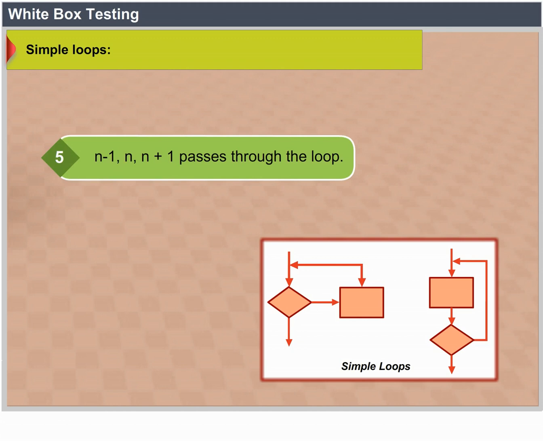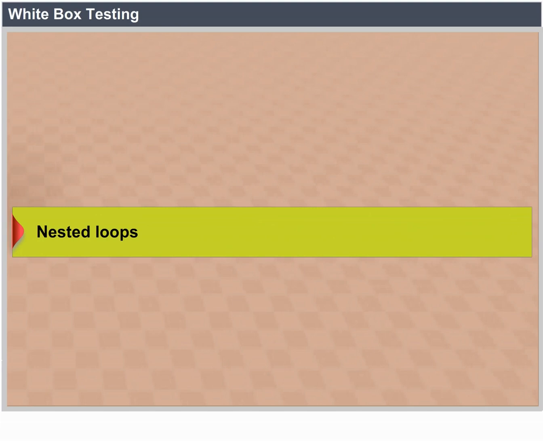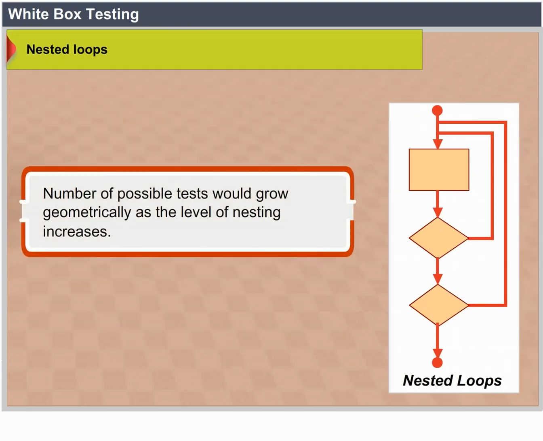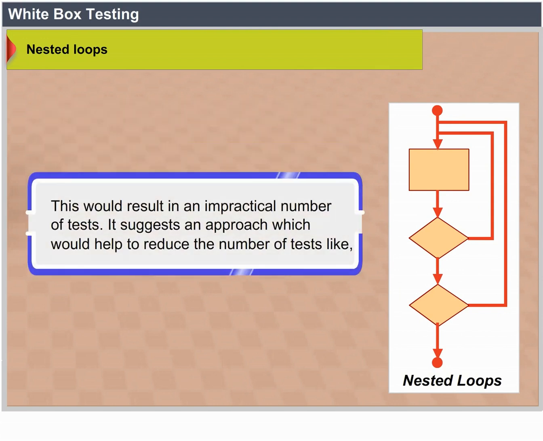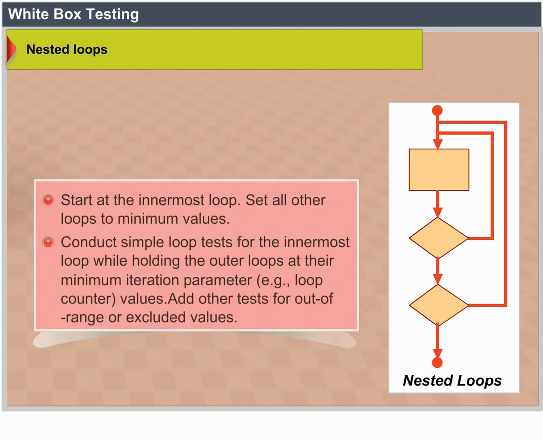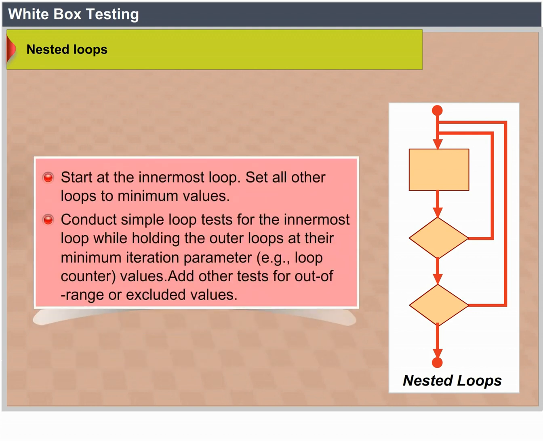Nested loops. The number of possible tests would grow geometrically as the level of nesting increases. This would result in an impractical number of tests. The following approach will help to reduce the number of tests. Start at the innermost loop. Set all other loops to minimum values.